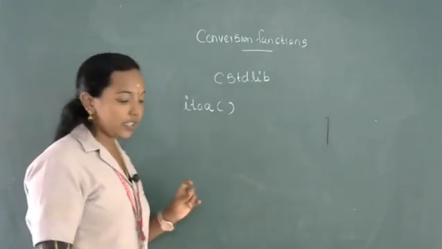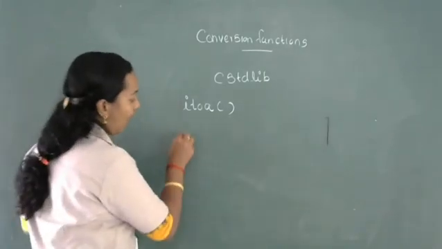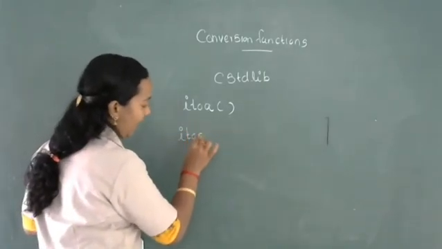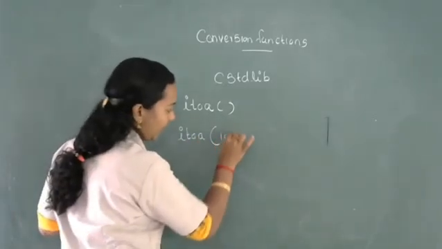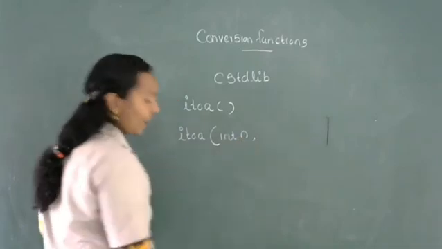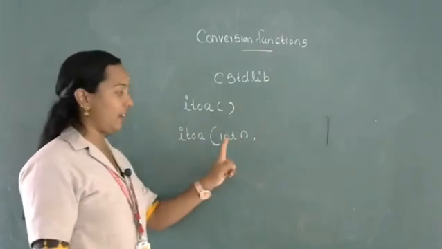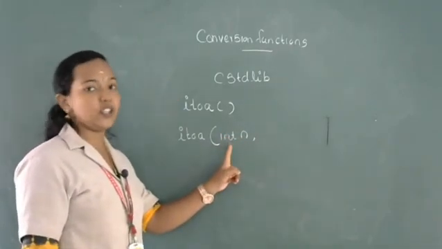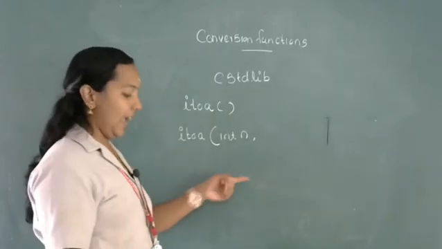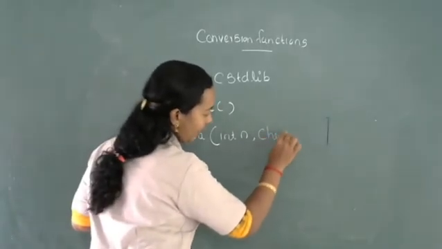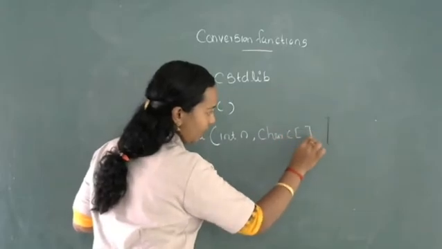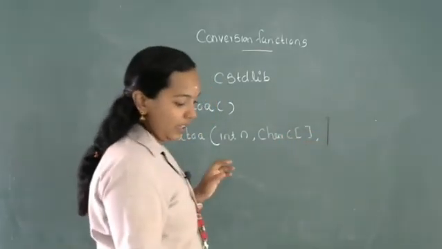So the general syntax is itoa. Inside the parenthesis, first you specify the number that we are converting, which will be of integer category, int n, comma, char c, the character array to which we are converting.